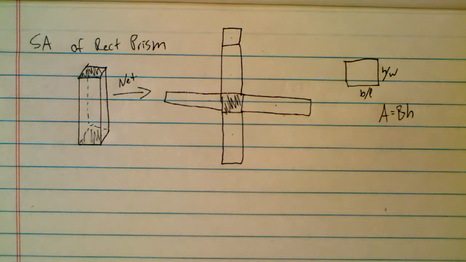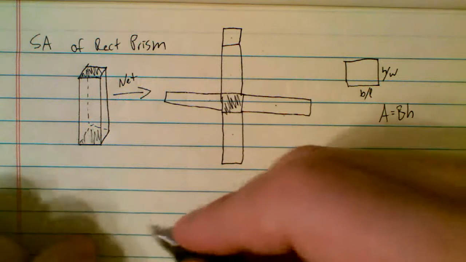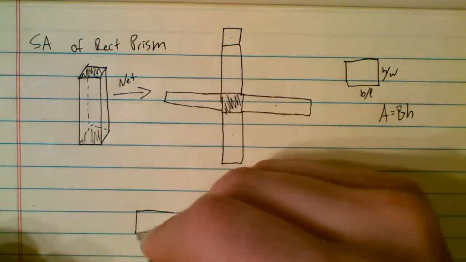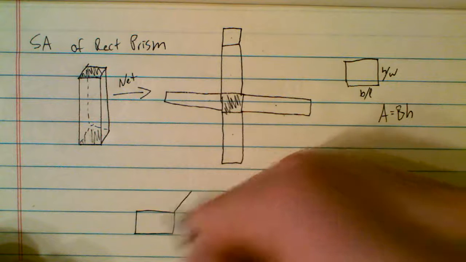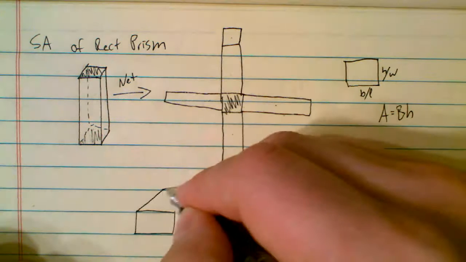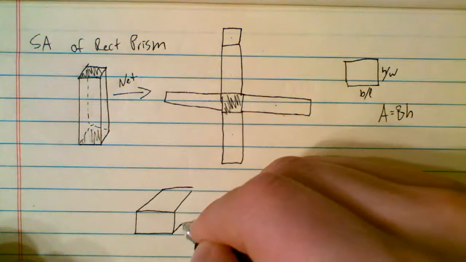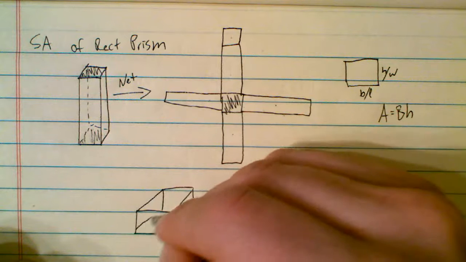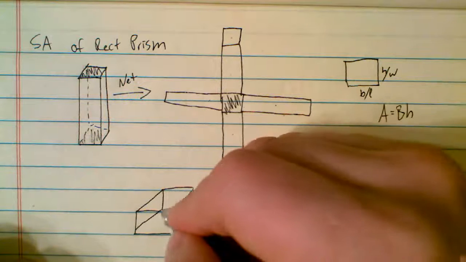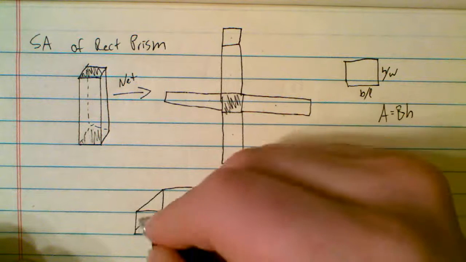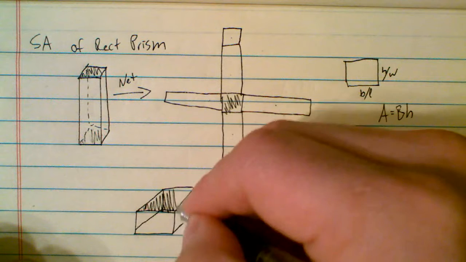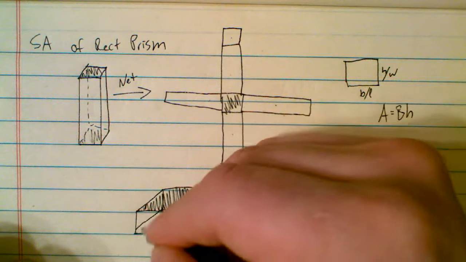So if we take a specific rectangular prism, we'll simply draw one in. Like that. It's a terrifying shape. We'll shade in the top so we can tell what part's what.